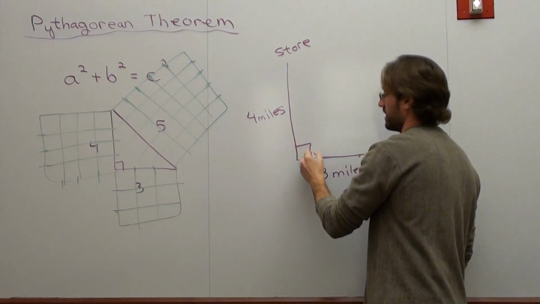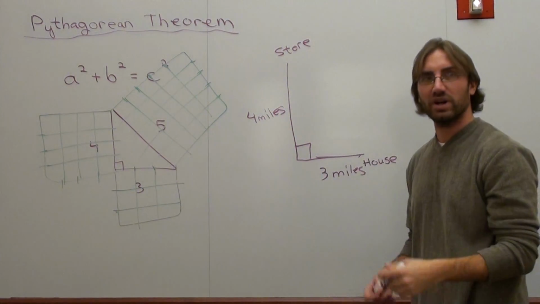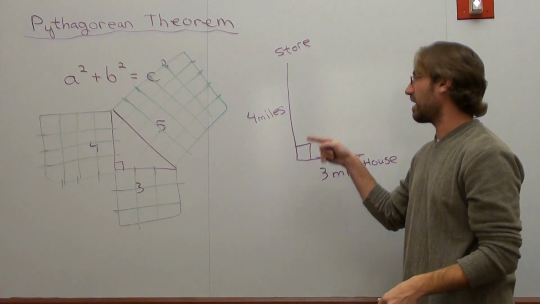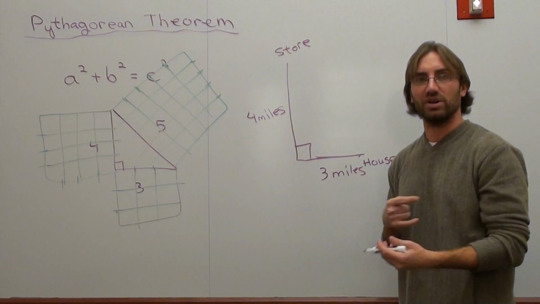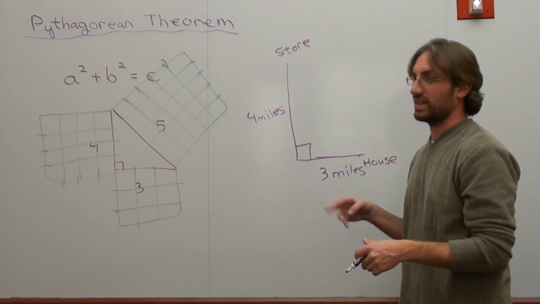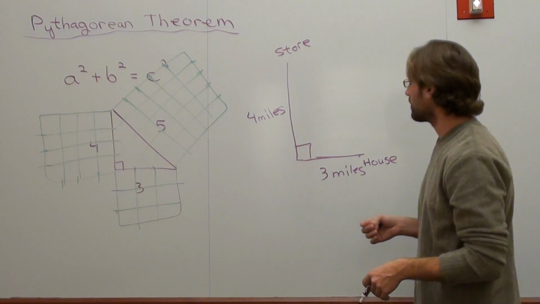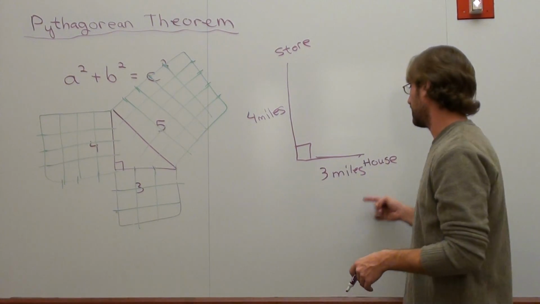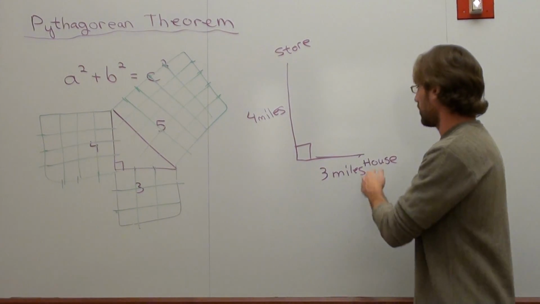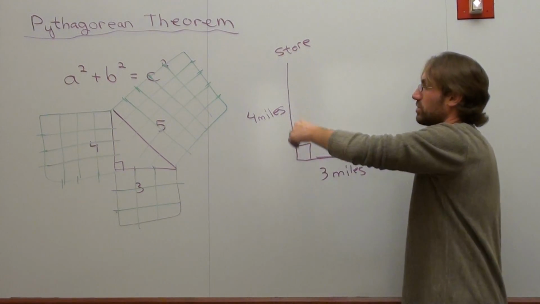It works as a Pythagorean triple, but if it were anything incorporated with a right angle, it would work. If it does not make a perfect 90-degree angle, then it wouldn't work. That seems like speculation, but you're just going to have to trust me there. I want to use 3, 4, and 5 because it's very convenient. So I go 3 miles this way and I go 4 miles this way.